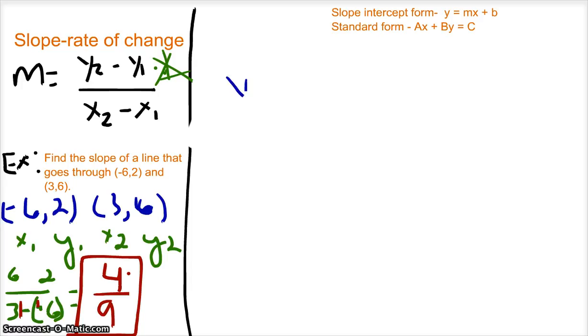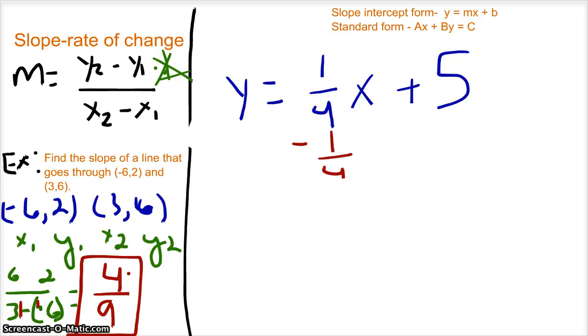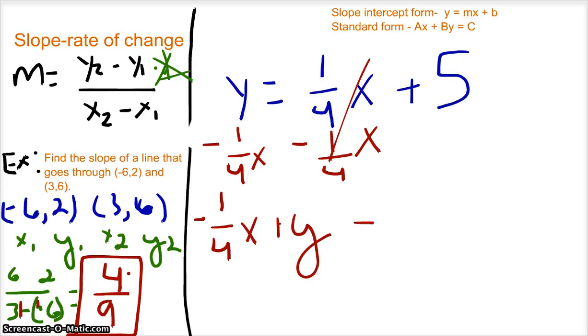That one had y equals 1/4 x plus 5. The steps say move the x's. So I have positive 1/4 x, so I'm going to subtract 1/4 x on both sides. I'll be left with negative 1/4 x plus y equals 5. The second step says if x is a fraction, multiply everything by the denominator, but the negative denominator.